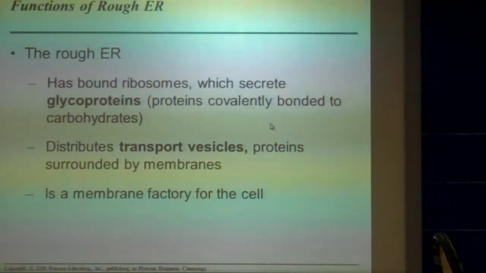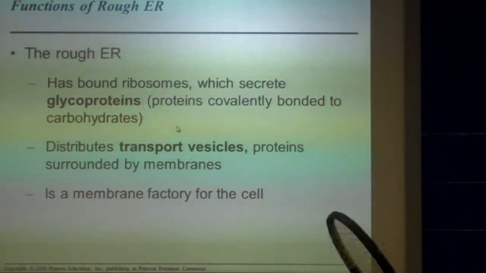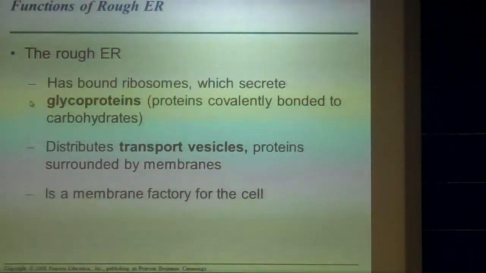Rough ER. Like I said, it's going to process your protein, so it might add sugars or other proteins together to what was formed by the ribosomes, and then send them out via transport vesicles to the Golgi.